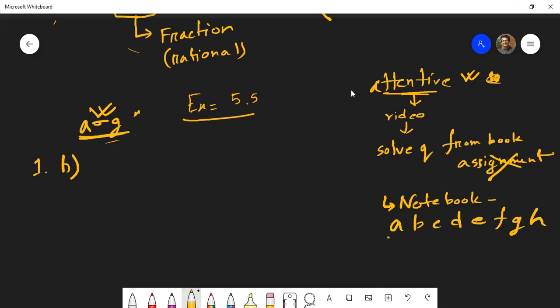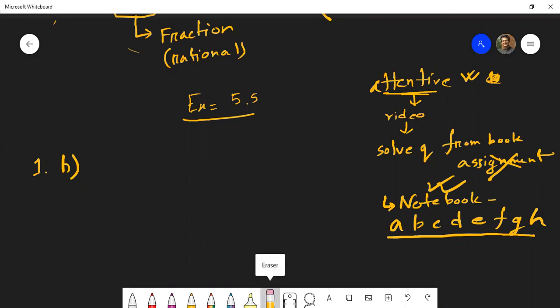You do everything in the note copy. And this is not an assignment. This is for your good. You're going to be better in mathematics if you solve more problems. If you attend more classes, there's a good chance that you're going to be good at it. But if you solve more problems from the book, you're going to get good at it. I'm just here to instruct you. I'm going to show you some examples, but the others, you have to do it by yourself.